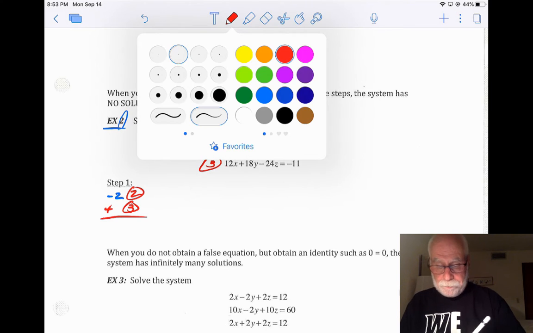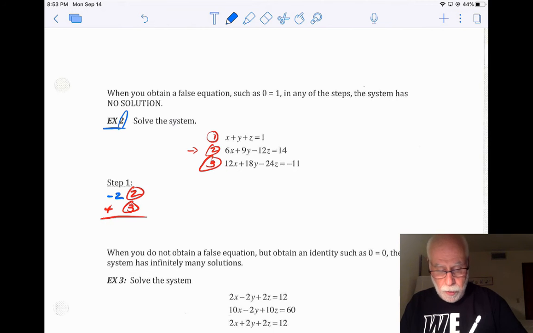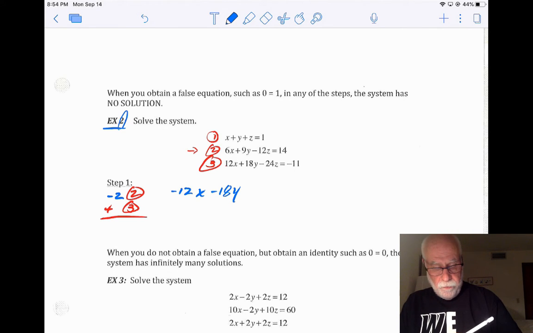All right? So if I take negative 2 and multiply it all the way through number 2, negative 2 times 6x is negative 12x. Negative 2 times 9y is negative 18y. And negative 2 times negative 12z, a negative times a negative is a positive, so that'll give me 24z.